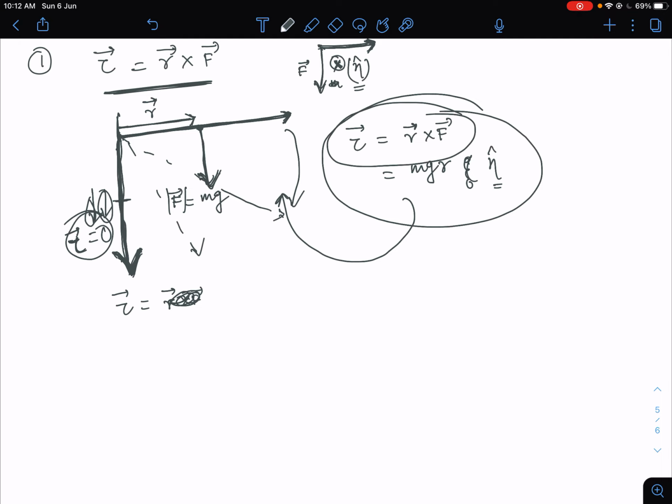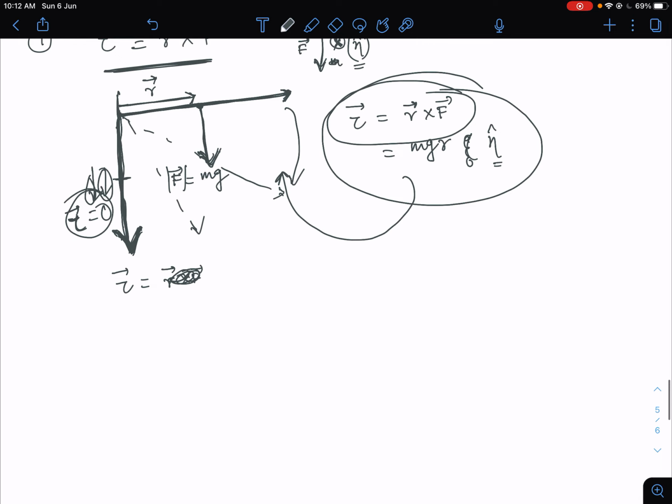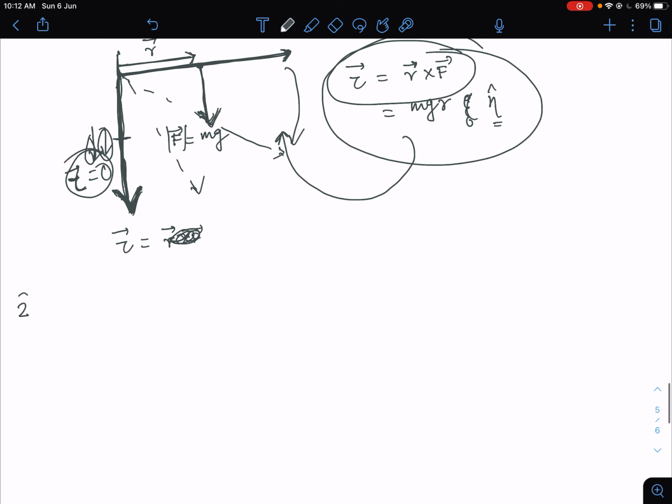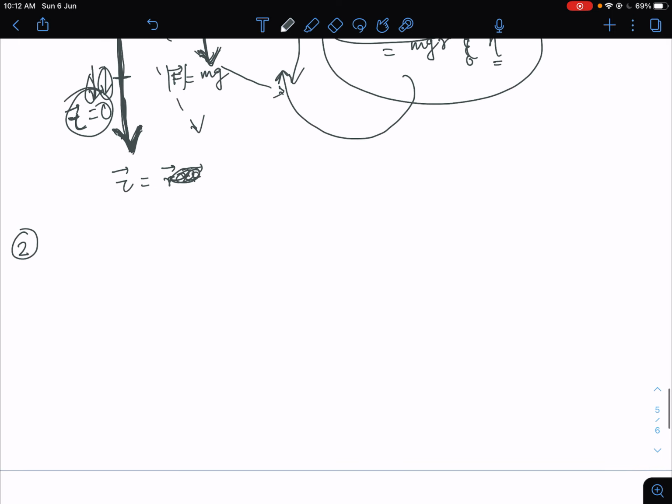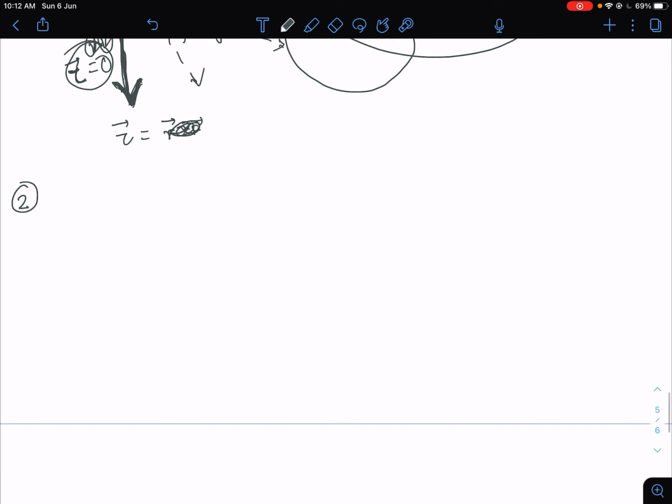So this is the thing. Now another example of cross product is the area vector.